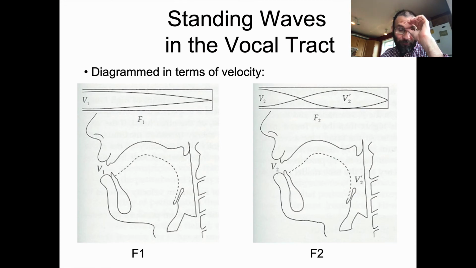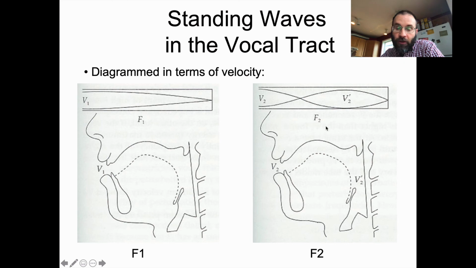Okay, so that's step one for this. If you want to get a sense of how we're changing the diagrams, we can look at our two standing wave patterns for F1 and F2. These are plotted in basically a similar fashion to the way they appeared in Chiba and Kajiyama's initial text on this matter. Again, we have a node for velocity at the glottis and an antinode at the lips. This V1 here is supposed to translate to the lips there. Unfortunately, I don't have anything labeled here for the node, because they're more focused on the antinodes.